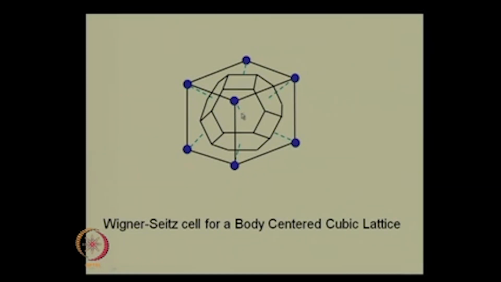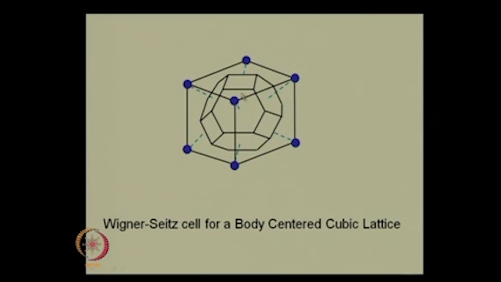Those are vectors that join the origin to the points that are arranged around that body center, and then we simply take the perpendicular bisector to those lines. Since it is a 3 dimensional structure that we are looking at, the perpendicular bisectors are planes. So, there is a large plane that is perpendicularly bisecting this region.